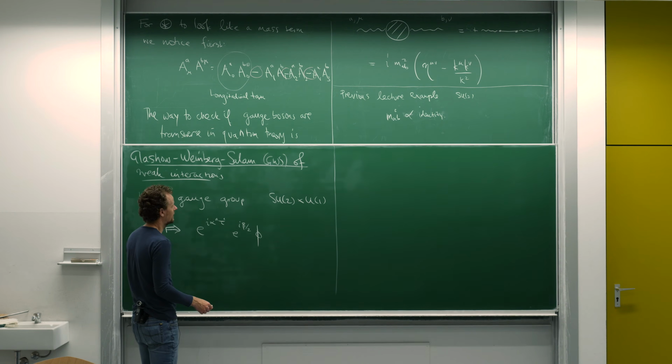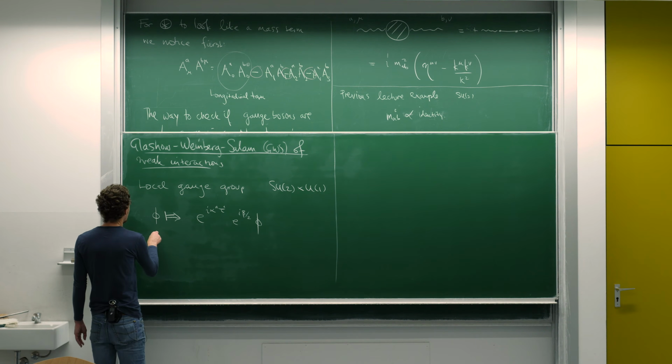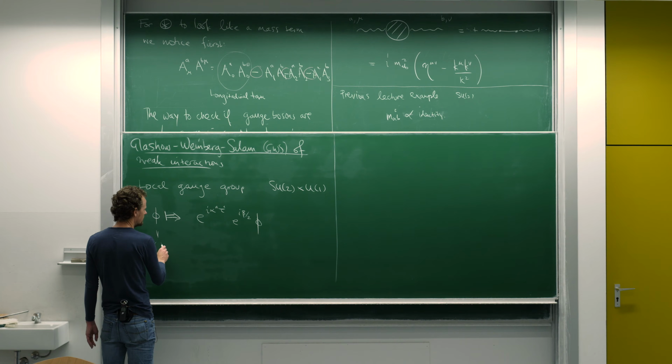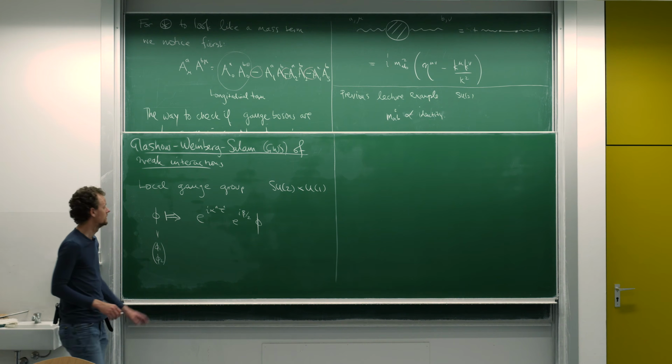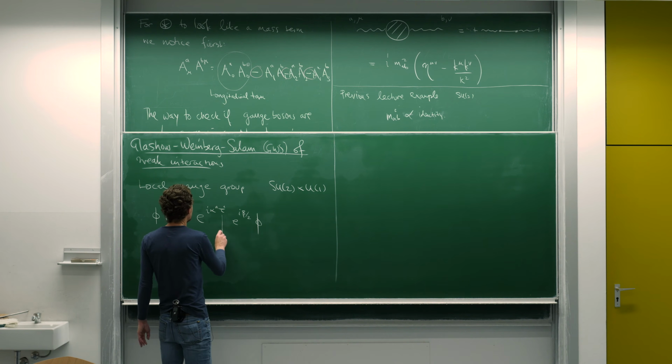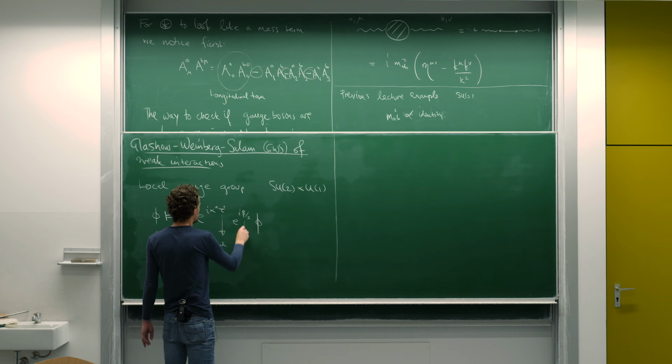So let me just clarify what this is. So phi is a doublet, and these are the Pauli matrices. This is the scalar.